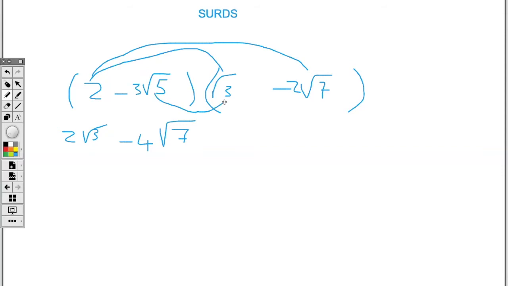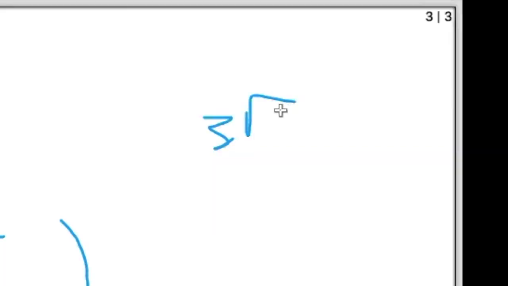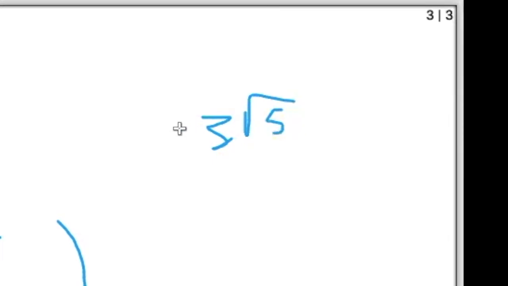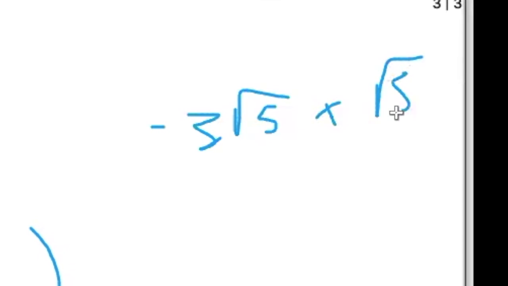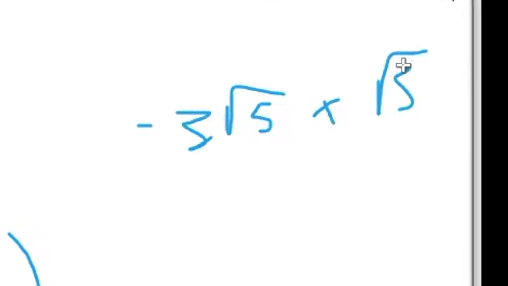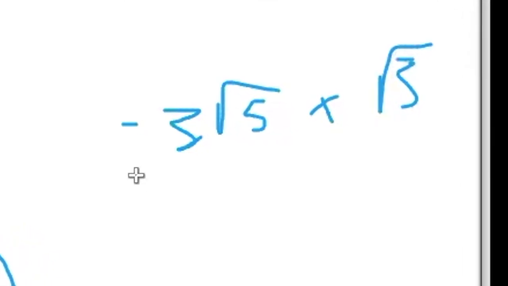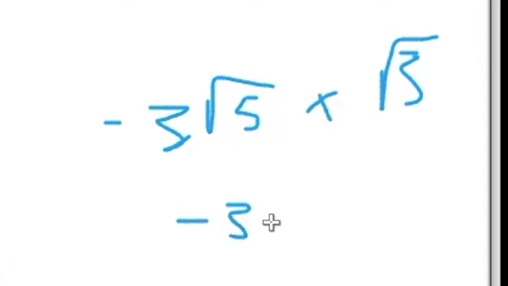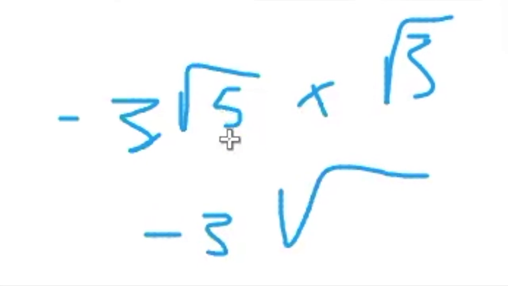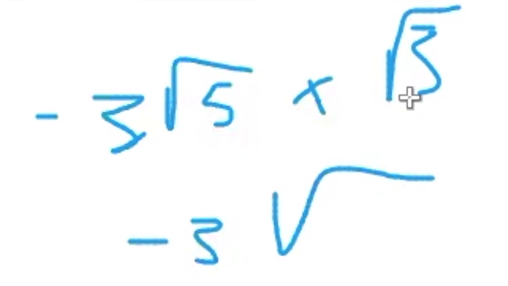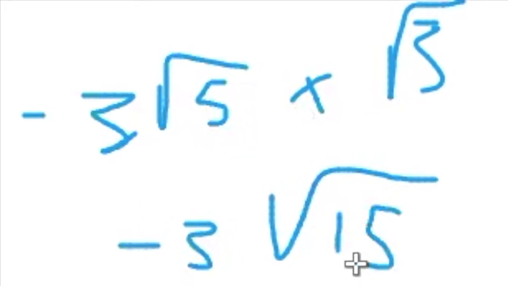Then multiplying these two, now what we have is 3 root 5 minus 3 root 5 times root 3. So we have minus 3 root 5 times root 3. So write the negative 3, then we multiply the 5 and the 3 underneath the square root. So 5 3's 15.